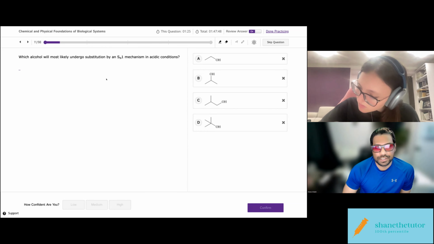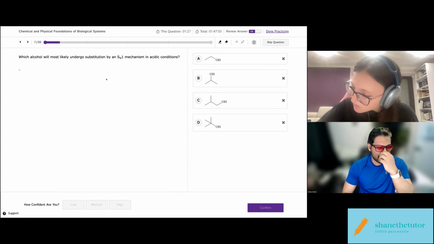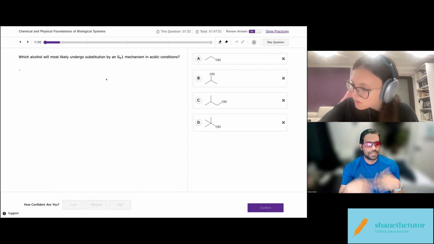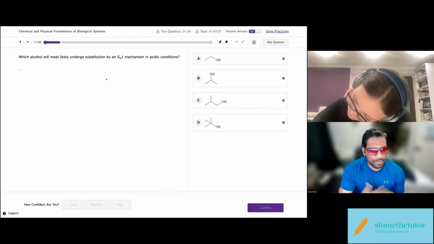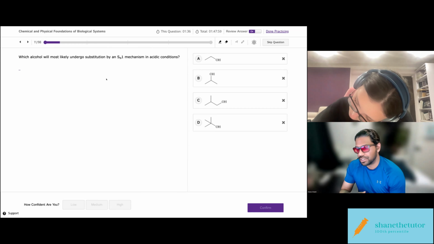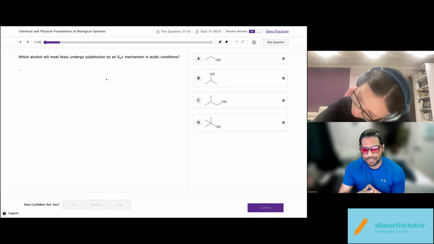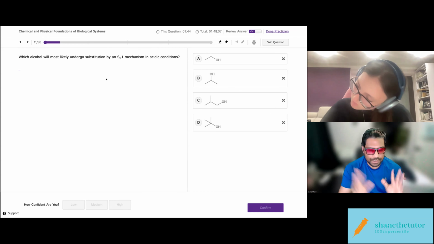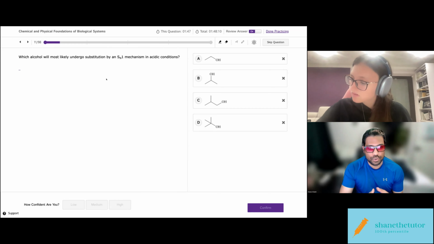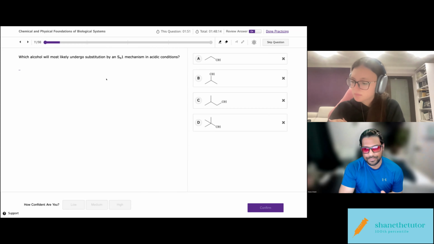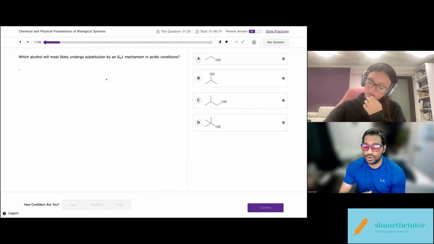What I always say is when it comes to acids and bases, you're going to be using the Bronsted-Lowry definition, where an acid is defined as something that donates a proton and a base is something that accepts. But when we talk about nucleophiles and electrophiles, we're talking about the Lewis definitions. A Lewis base is an electron pair donor.